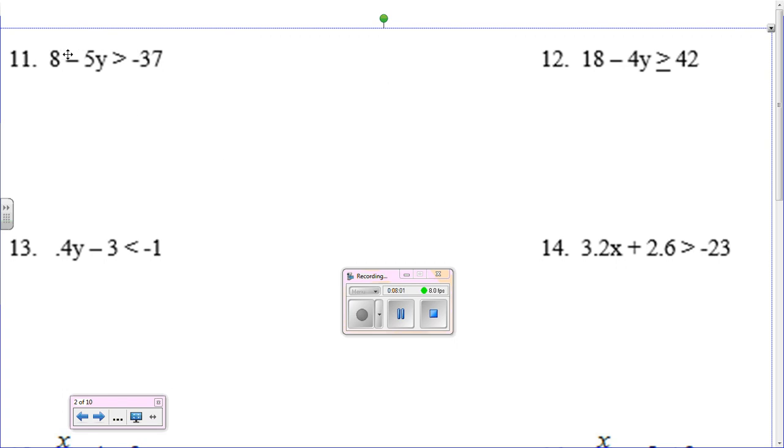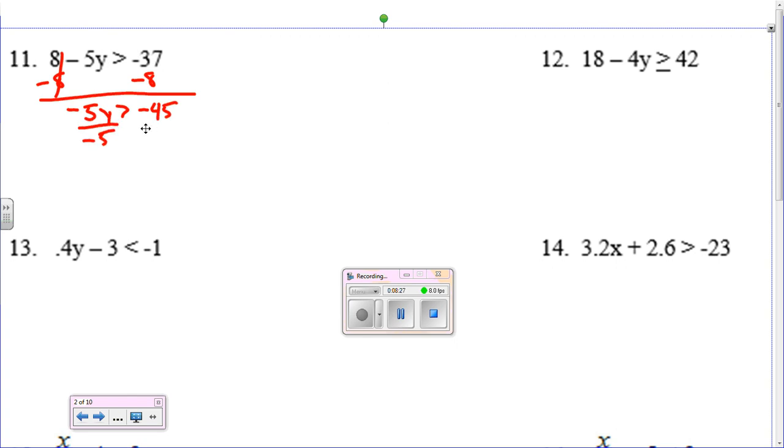Okay, number 11 is a little different because it's 8 minus 5y. But look, the number with the y is a negative 5, so you're going to have to subtract the 8 over first. That leaves you with negative 5y is greater than negative 37 minus 8, which gives you negative 45.